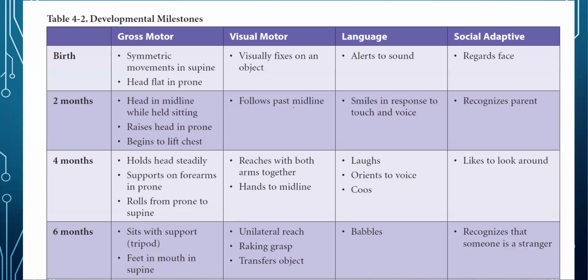Okay, so children throughout their growth, from birth and as they get older, develop milestones. They attain new things, and you need to know at which age they are supposed to get what kind of milestone. And if they don't attain it, that means it is abnormal, and that's a red flag.